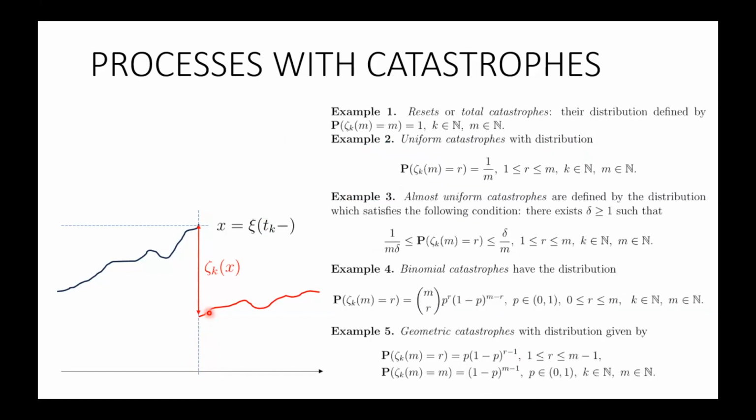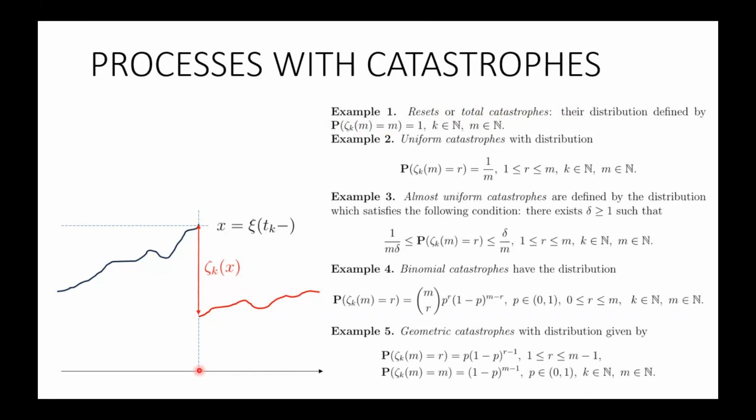What examples of distributions are very frequent in the literature? Various types of catastrophes are often discussed, including reset or total catastrophes. The distribution can be defined with probability 1: if we are at point m, with probability 1, at the next time the process will start at 0.